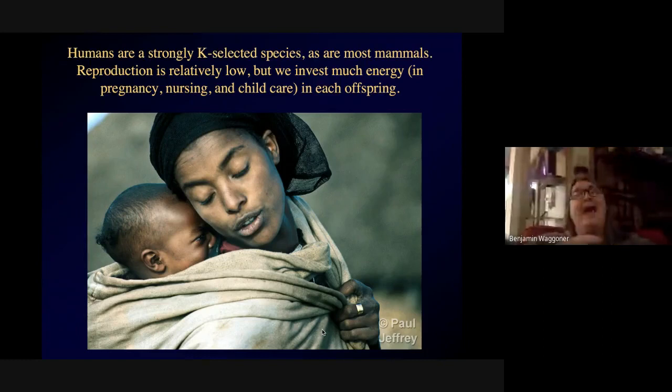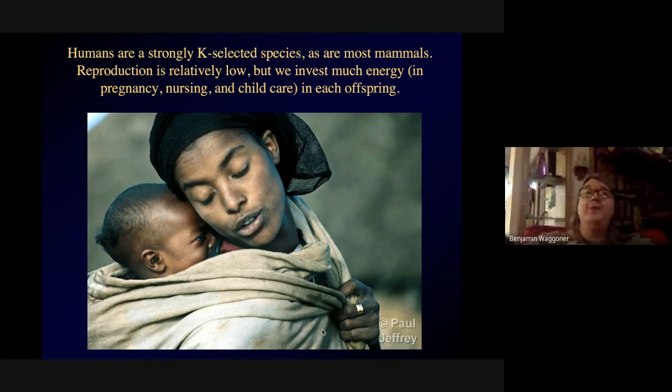You can have, be it said, intermediates between the two. You can have strategies that are not extremely R or extremely K. Different species have different ways of doing it. So these are kind of the ends of a scale, but you can have intermediate strategies as well. And many birds would be strongly K-selected because the babies are born helpless and mommy has to feed them.